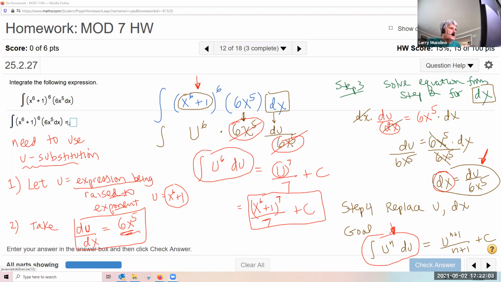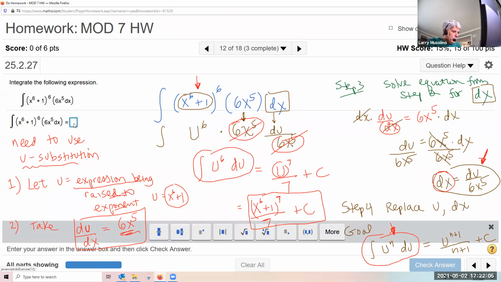So our answer here is x to the 6 plus 1, to the exponent 7, all over 7 plus a constant.